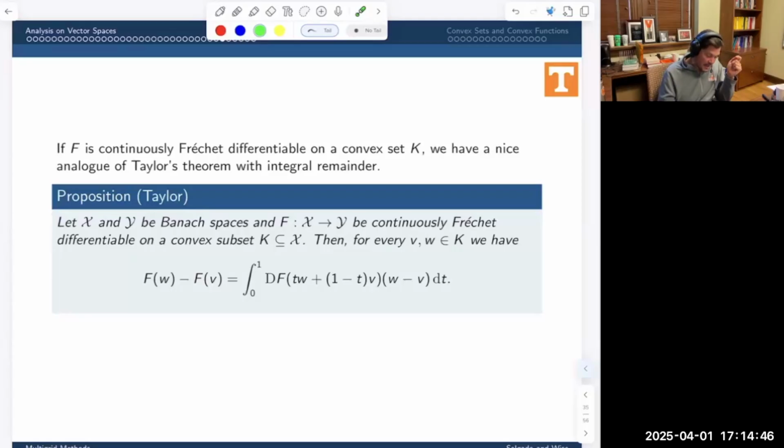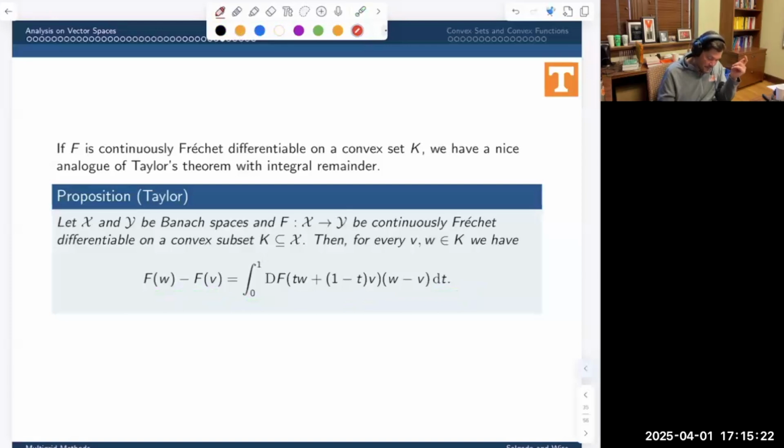All right, so let X and Y be Banach spaces, and suppose that F is continuously Fréchet differentiable on the convex set K contained in X. Then for every V and W in K, we have the following version of Taylor's theorem. F of W minus F of V is equal to an integral difference. So this is kind of like the remainder, right?